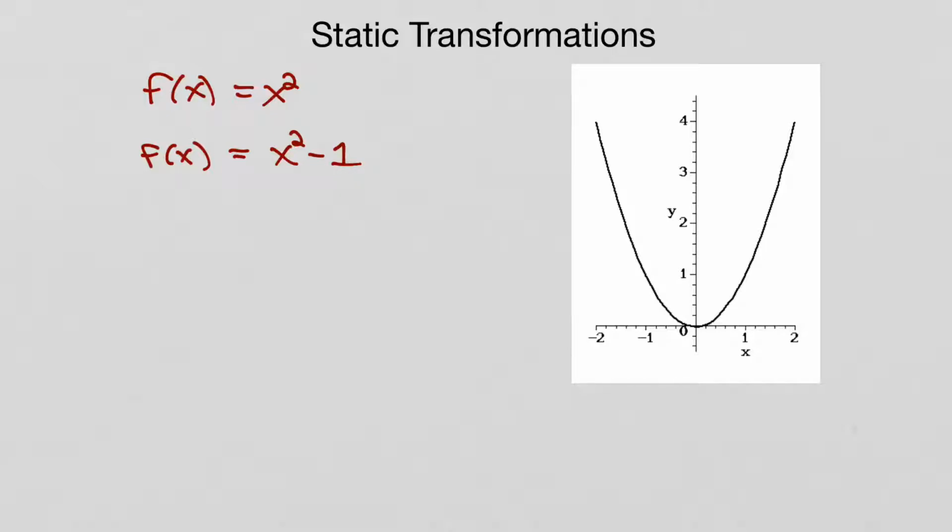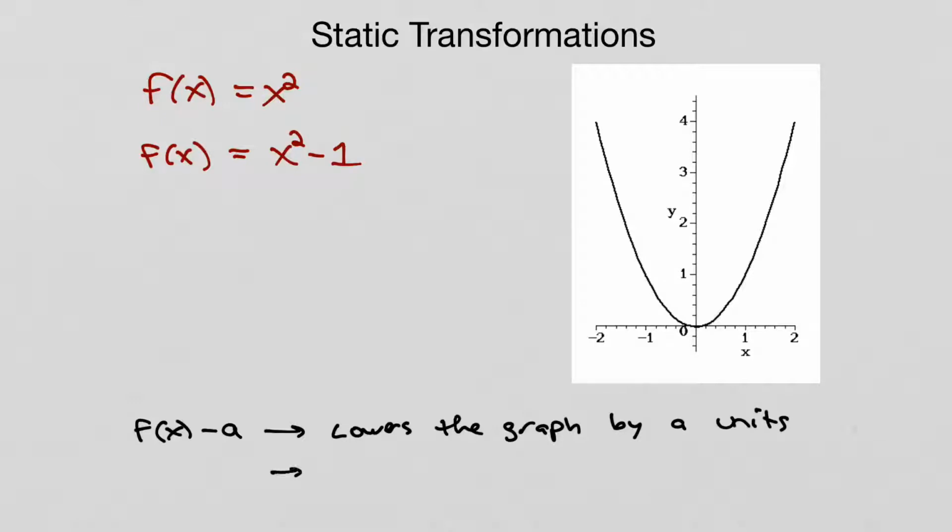Now, whenever you have some function f of x minus a, what that does is it lowers the graph by a units. Right? And the mathematical operation that we're doing here is we are subtracting that number a from each y value.